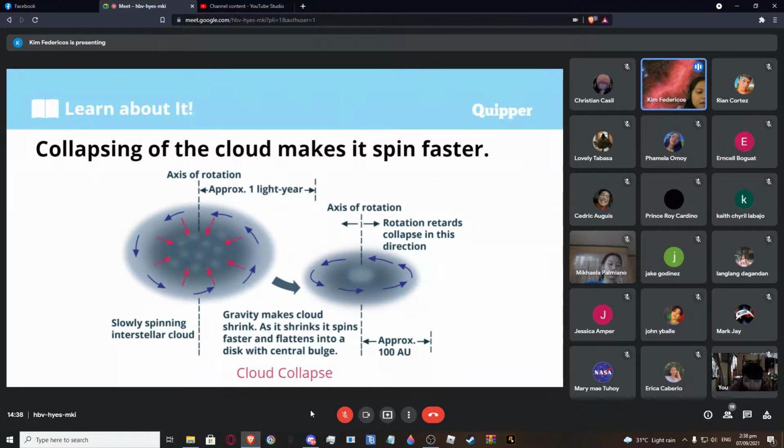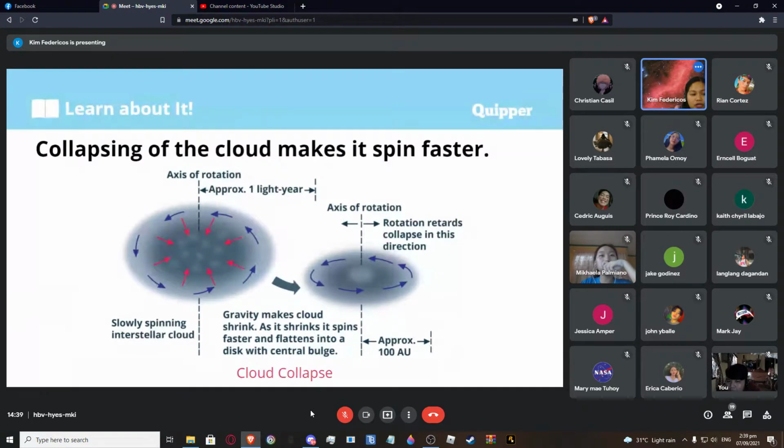So as the nebula collapses or as the cloud collapses into a disk, it spins faster. And of course, pag tuyok niyang paspas, muinit na siya. And ang mga gas ug ang dust mapul, mabira na siya padulong sa tunga.